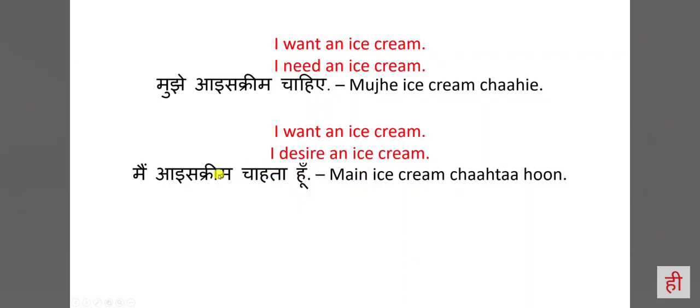Okay? It actually says that I desire an ice cream. Even though this is the translation, it represents desire. Okay, desire. This is want and need. This is desire. Okay? So you can use this sentence structure with nouns. If you do that, it will represent desire.